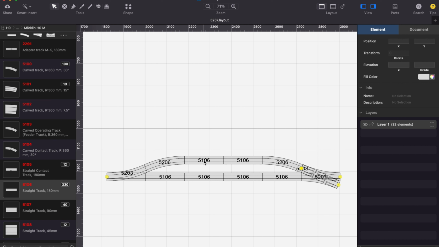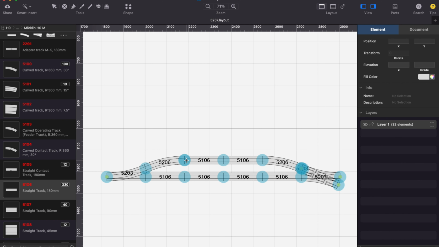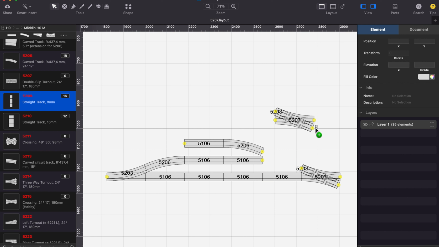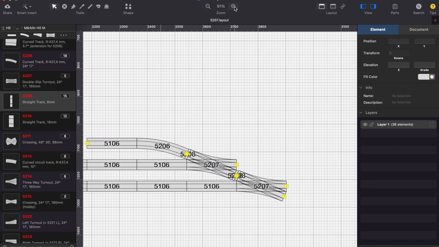When adding additional parallel tracks, I follow the same process. I start with the geometrically correct stuff, and I add the crossing and the 5208 makeup bits sections last. Again, I disregard the fact that the diagonal ends don't join with the rest.